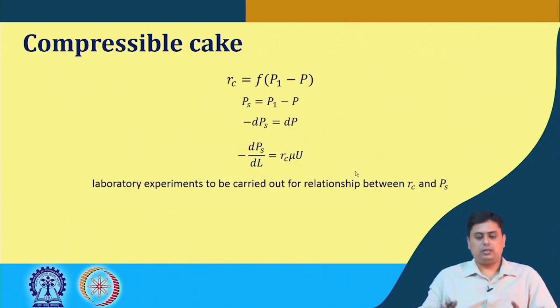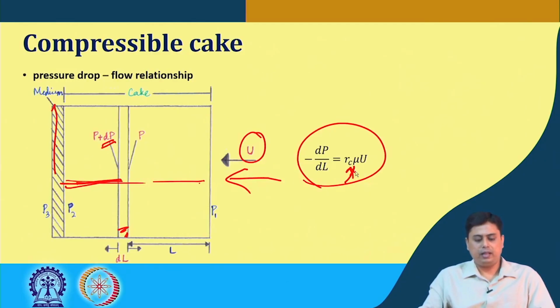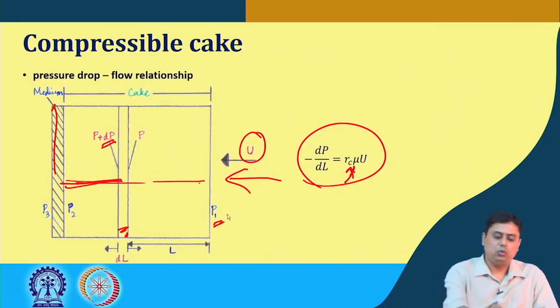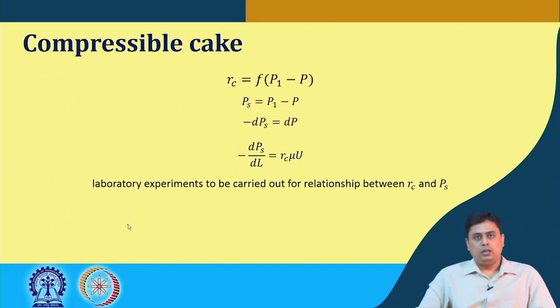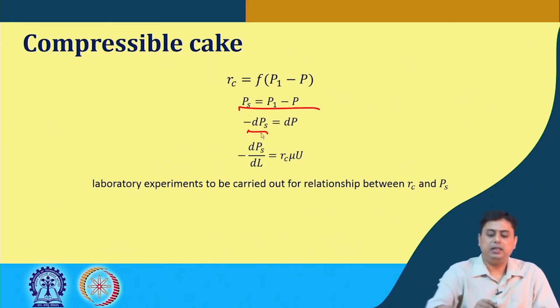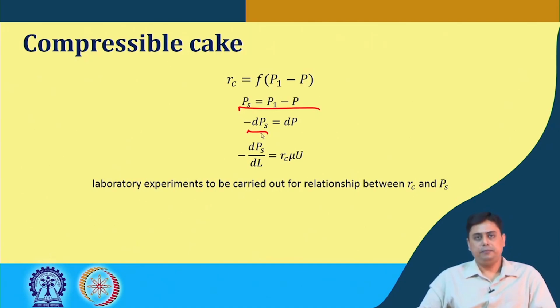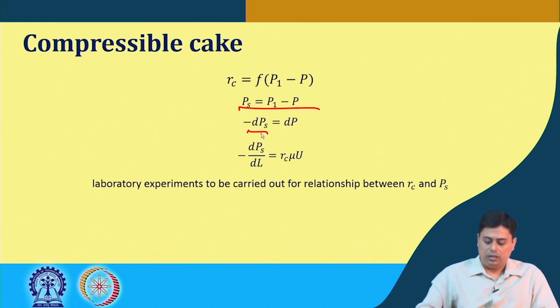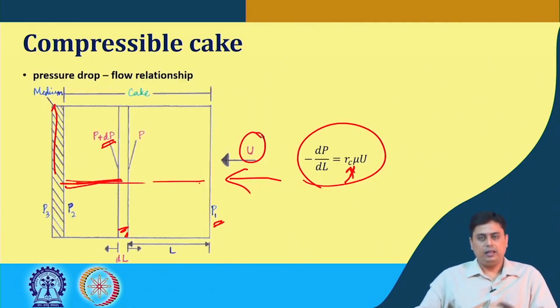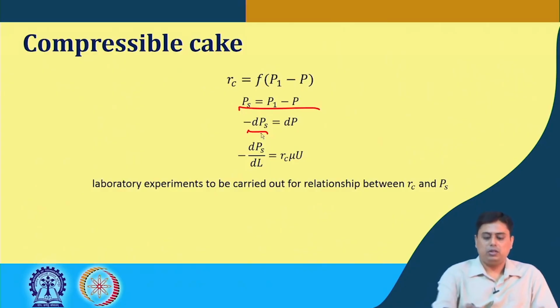As the pressure increases, the resistance increases because the cake becomes denser and denser and the voidage is lesser, so there is less path for the filtrate to flow. If RC is a function of the pressure difference from the upstream of the cake surface to the surface of this elemental area, then we can write that Ps is P1 minus P, or minus dPs is basically dP, which means minus dP by dl equals RC mu u becomes this expression.